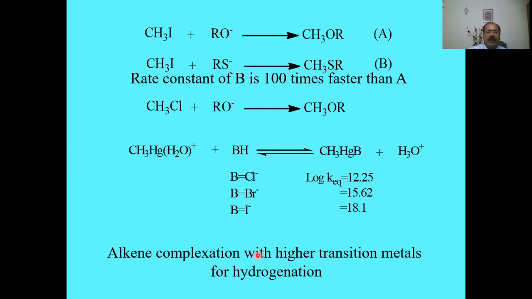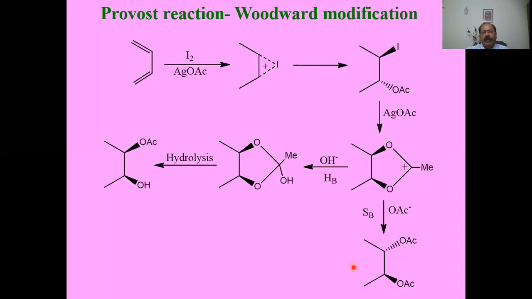We also know that when we do hydrogenation, we use metals like palladium and platinum, which are large metals which can form pi complex with the alkenes. The Prevost reaction, which is a Woodward modification, we know takes place with iodine and silver acetate.